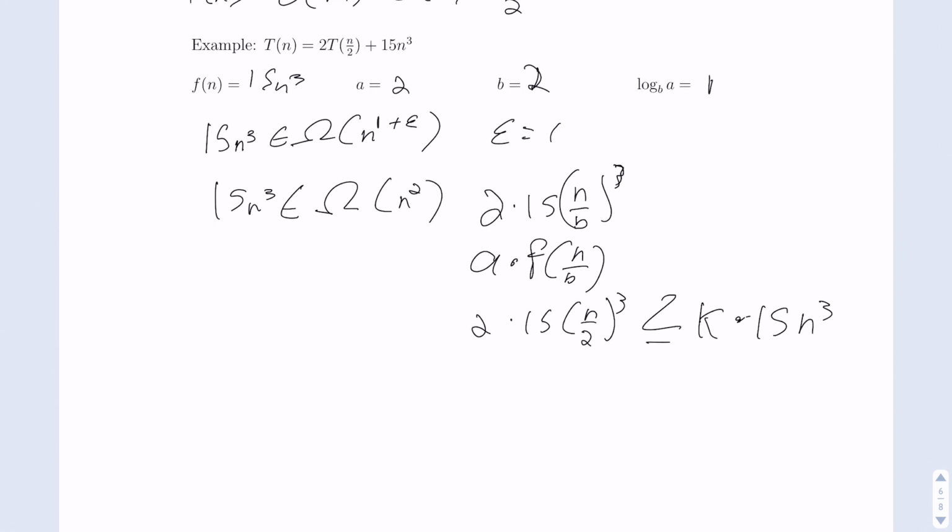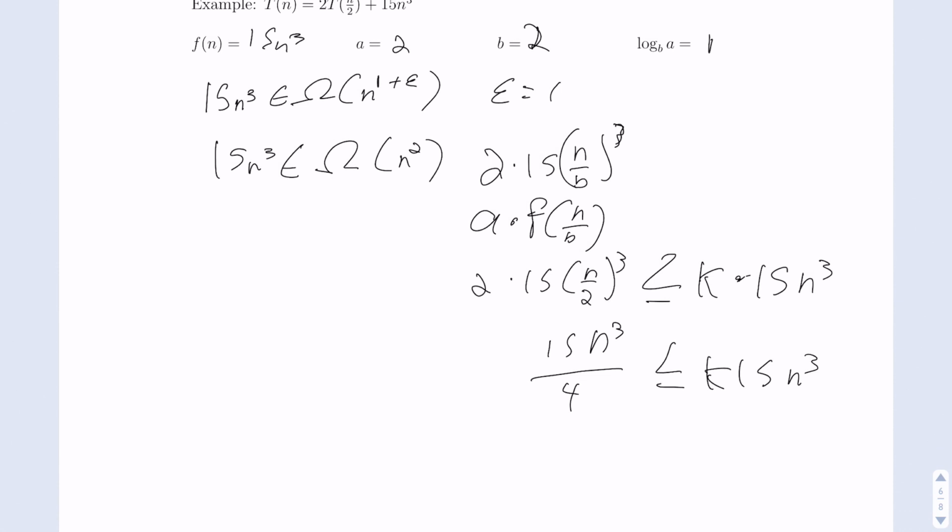All right, so this is 30 n cubed over 8 less than or equal to some k times 15 n cubed, right? We can simplify this a little bit, make that 15 and 4.